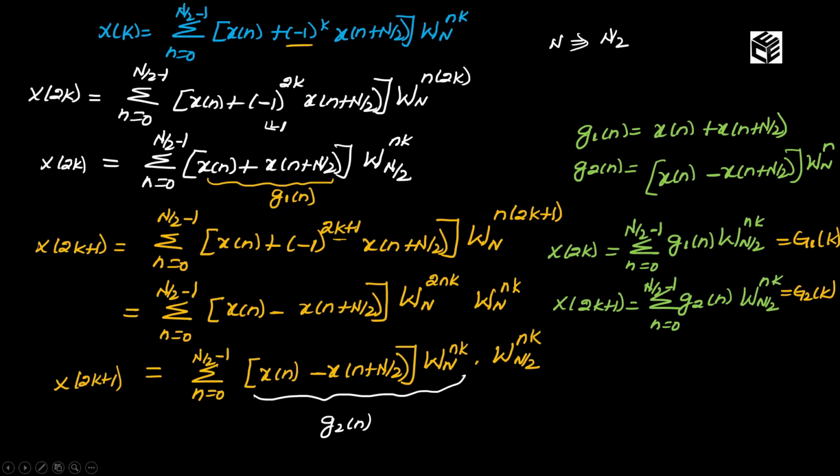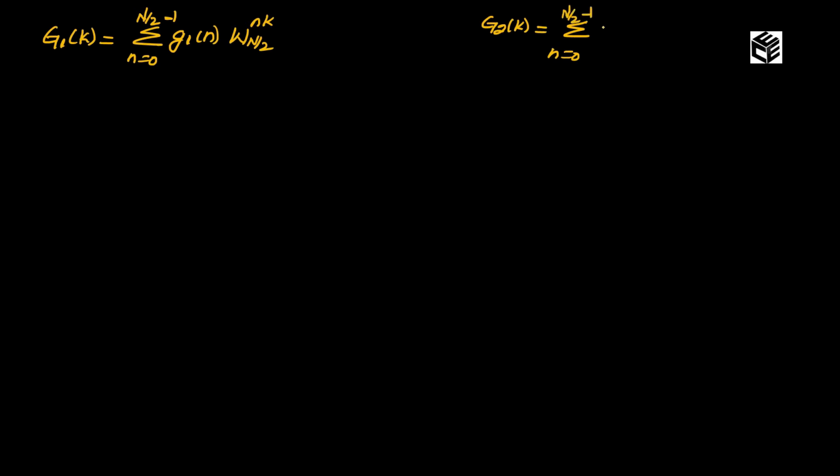Now I am going to take this output as an input to the second stage computation. So I got the values of g1 of k and g2 of k. So g1 of k is summation n equal to 0 to N by 2 minus 1, g1 of n W N by 2 power nk, and similarly g2 of k is summation n equal to 0 to N by 2 minus 1, g2 of n W N by 2 power nk. Correct.